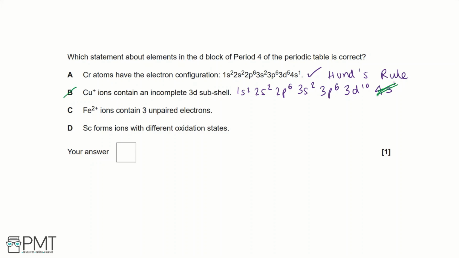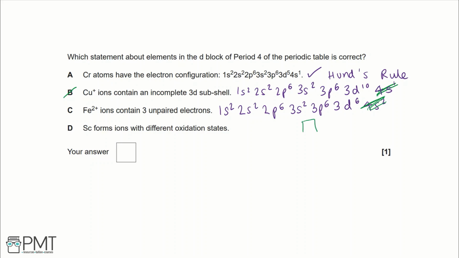Then looking at C, iron 2 plus ions contain 3 unpaired electrons. So again, let's write the configuration without the ion, so just iron on its own. That's going to be 1s2, 2s2, 2p6, 3s2, 3p6, 3d6, 4s2. So then if we made our ion 2 plus, that would be losing these 4s electrons, both of them, so we get 3d6.